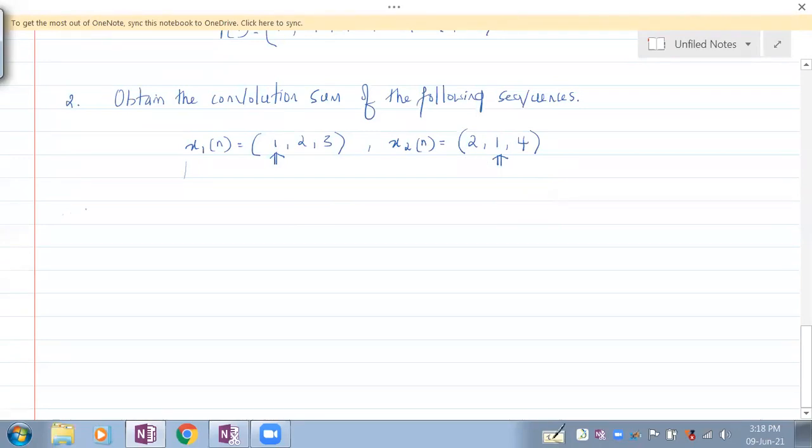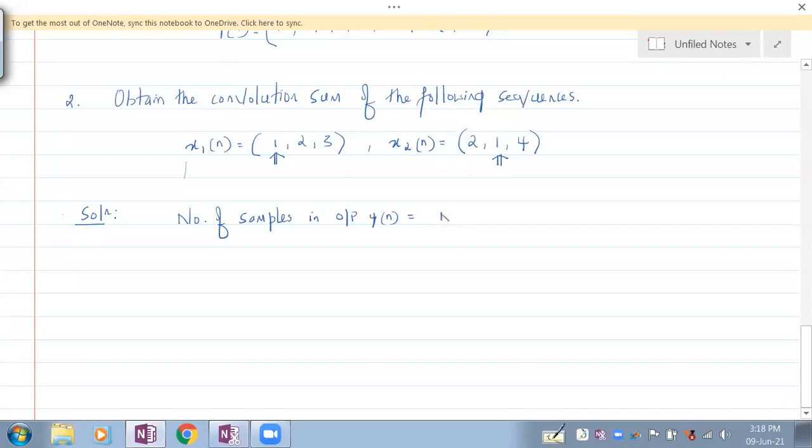Let's first analyze how many samples the output y of n should have. Number of samples in output y of n. How many can you tell me now?